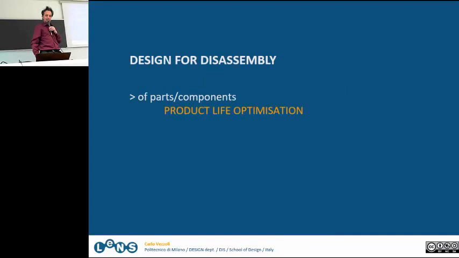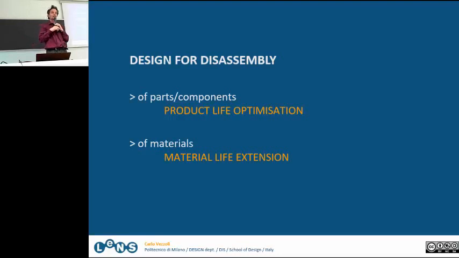Design for disassembly, this is functional, as I said before, to product life cycle optimization and to material life extension. To product life optimization in terms of substituting some part. For example, if this computer is technologically obsolescent, so I have to change it after a while, not because it's not working anymore, but because it doesn't stand the new app that I have to use, I have to throw away and buy a new one.